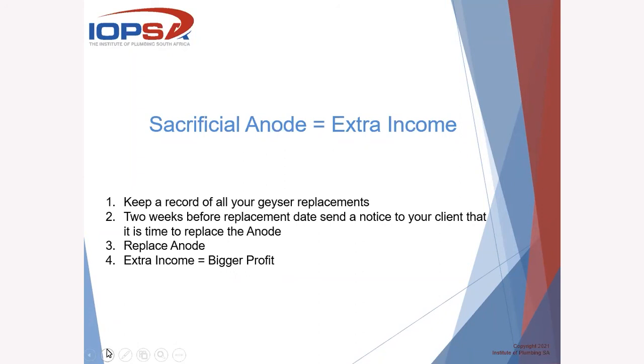So I'm just giving a figure, but yeah, you're going to obviously buy the anode, you're going to put on a margin, you're all entitled to a profit. It's your time to go and buy the anode, and then obviously all your labor involved.